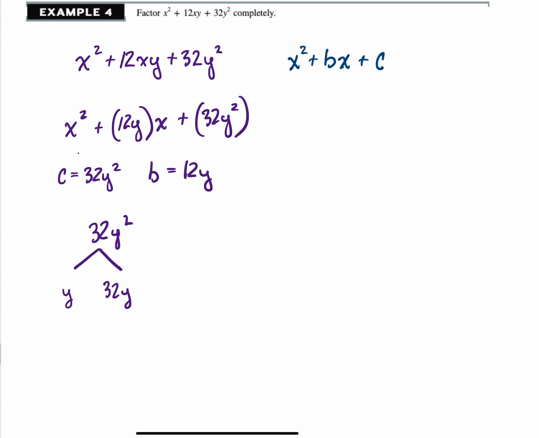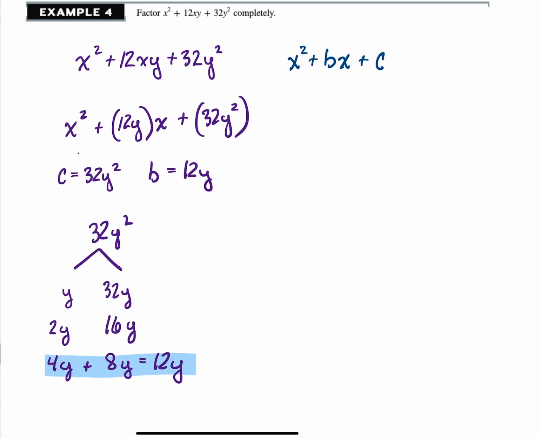Those would multiply to 32y squared, but we wanted to add up to 12y. So then 32 is divisible by 2, so we could say 2y and 16y. That would add up to 18y. 32 is 4 times 8, so we could say 4y and 8y. And notice when we add these together, we get the 12y that we're looking for.